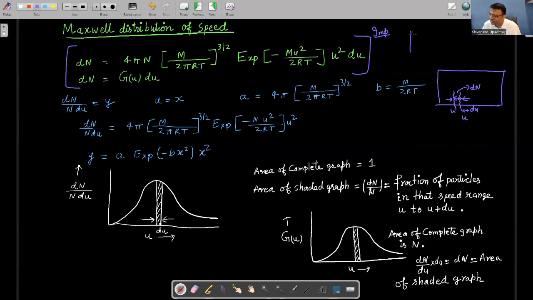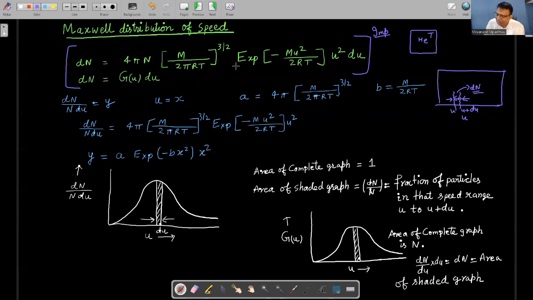When we are writing this equation, suppose helium gas is present in this container at temperature T. So when we are discussing, temperature is constant and the gas is fixed, the same helium gas is there, so its molar mass is fixed. So molar mass is constant, temperature is constant, right? So how this distribution, how the number of particles are in different speed ranges, we are trying to understand. This equation is to understand that.